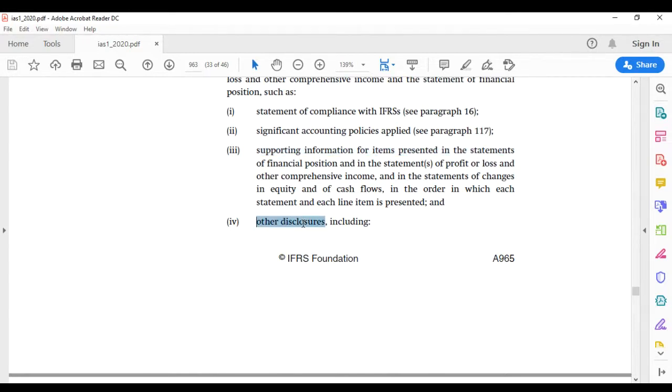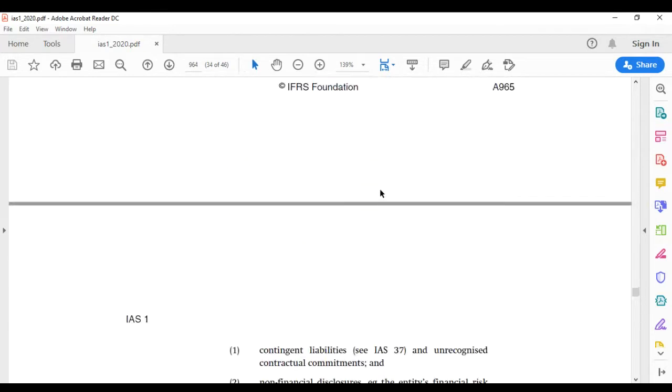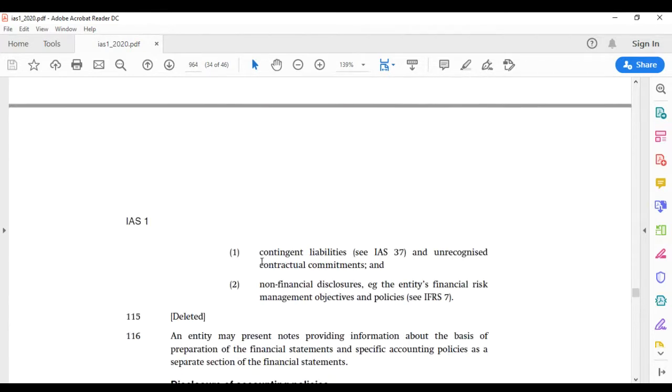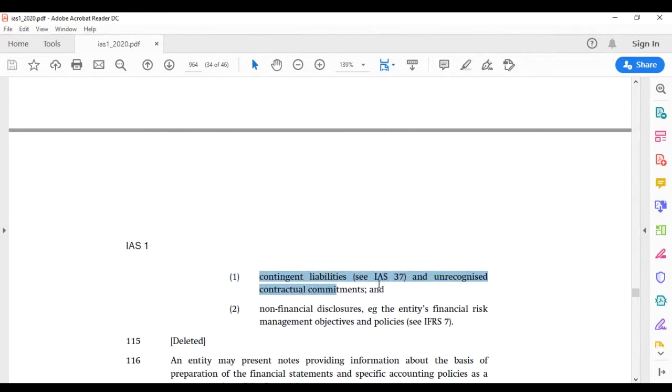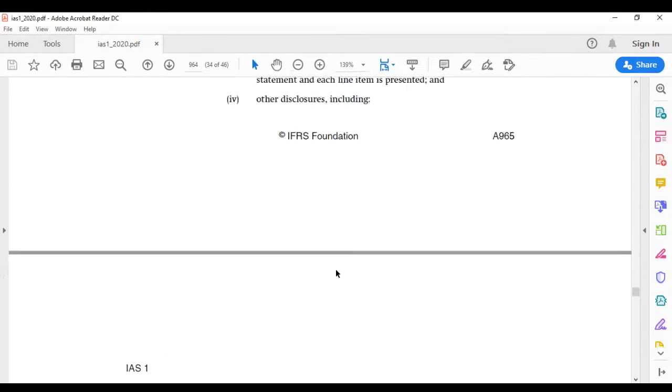These are additional information about items that are not elsewhere in your financial statements, right? They mention a few examples here, such as contingent liabilities or unrecognized contractual commitments, non-financial disclosures, and so forth. So let's talk just briefly about those.